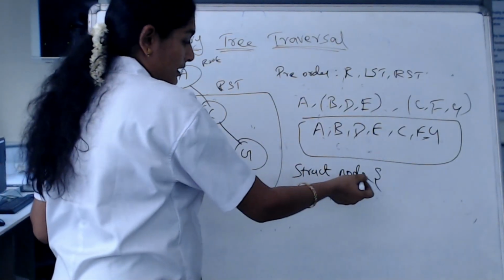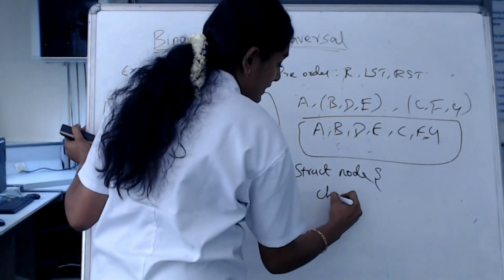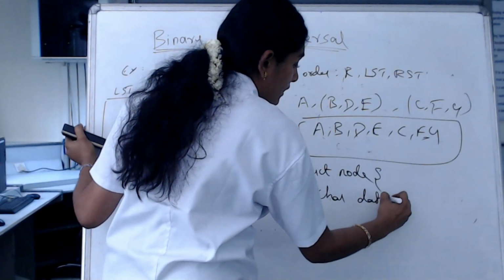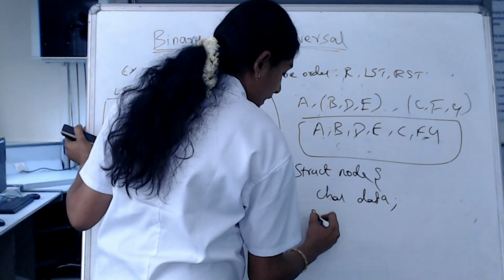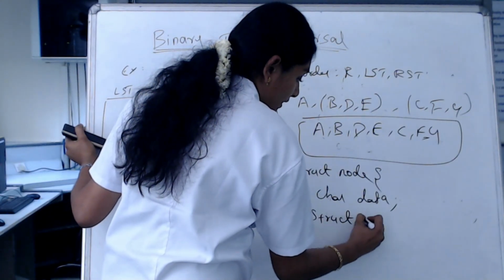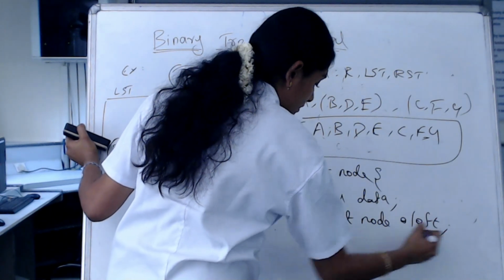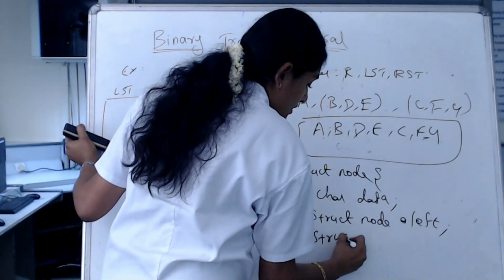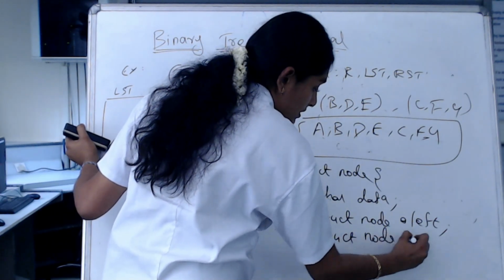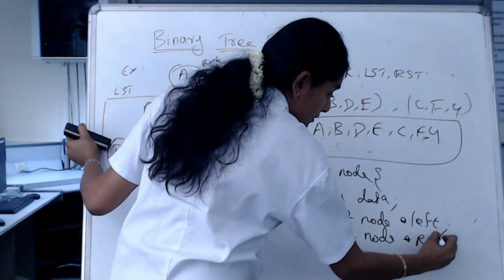So I can write it as struct node, char data, struct node star left, struct node star right.